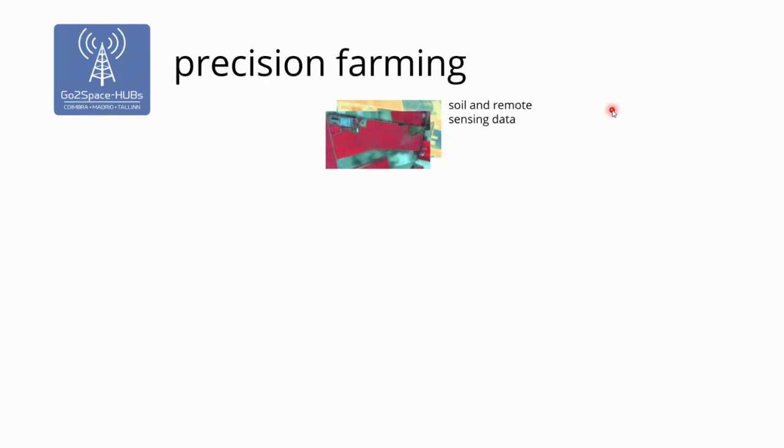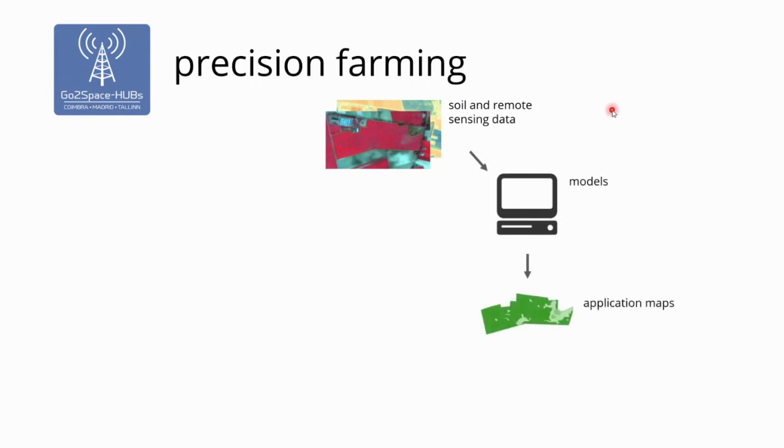For example, those biomass indices, like NDVI, normalized difference vegetation index. Using this information, we can calculate some models to create something called application maps, which tell us where to apply which product in what amount.